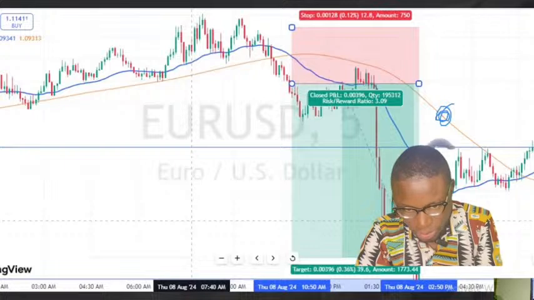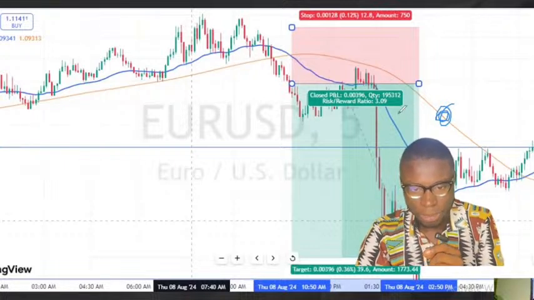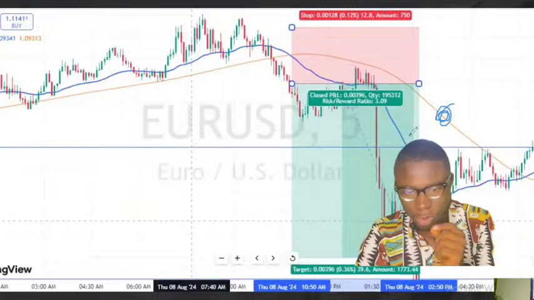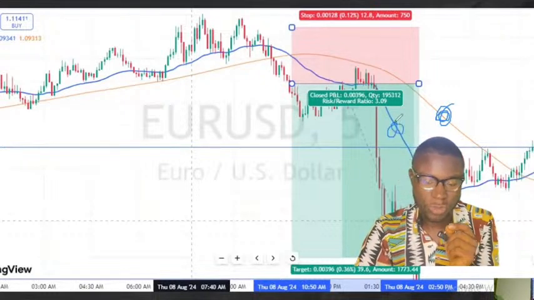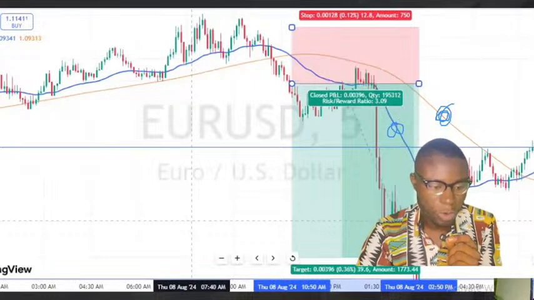I will use it as my trailing stop. But if I see that price is respecting the blue moving average, I will use the blue moving average as my trailing stop. That's how I do it most of the time.